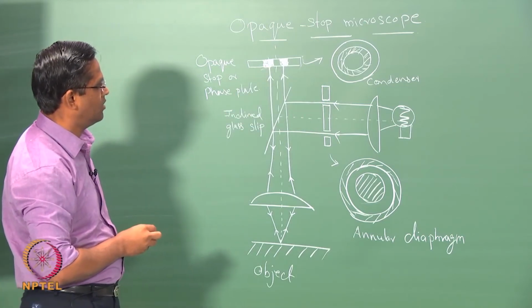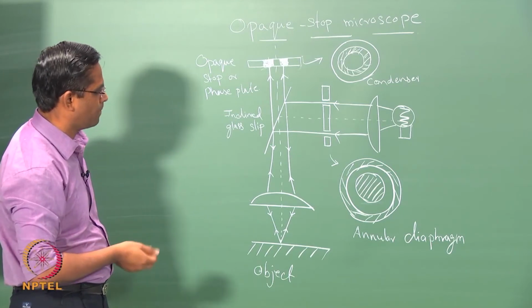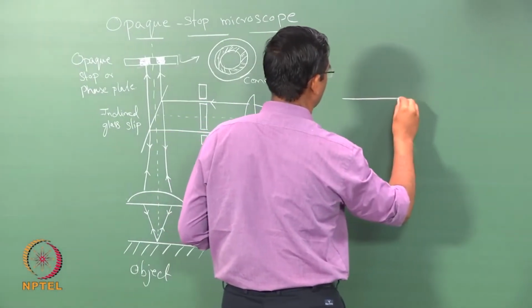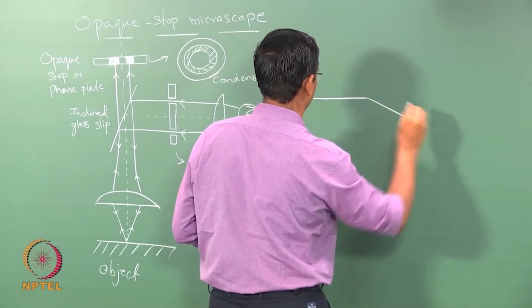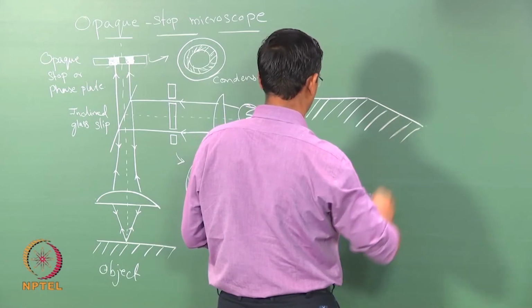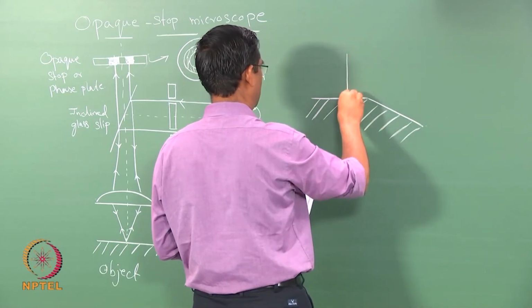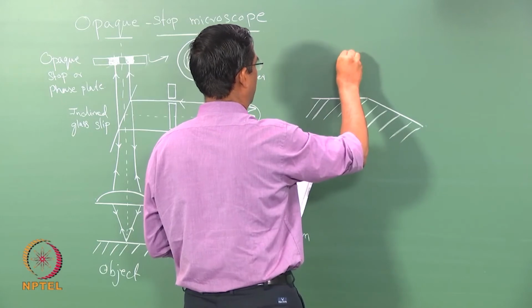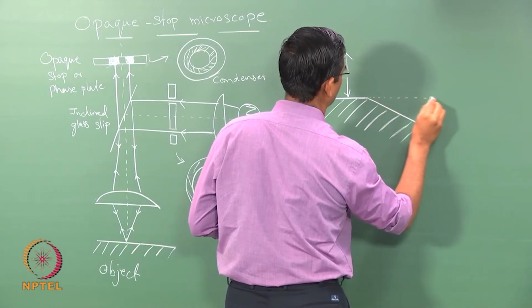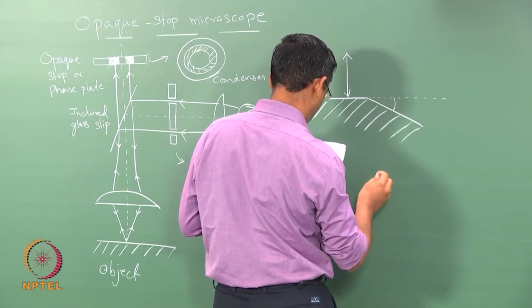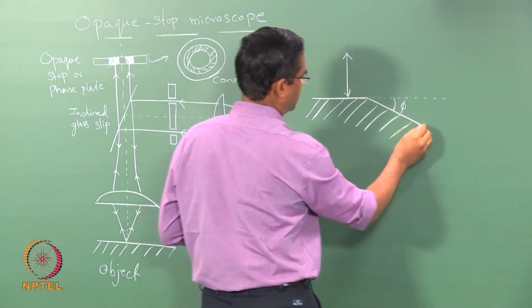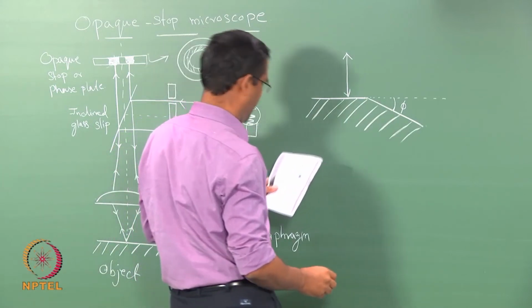So the advantage is when you have an oblique surface like this. Suppose this is the object surface, which has some unevenness, and this inclined face is at an angle phi.